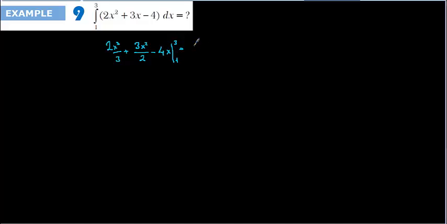This means that first we are going to replace x by 3: 2 times 3 cubed over 3 plus 3 times 3 squared over 2, minus 4 times 3.